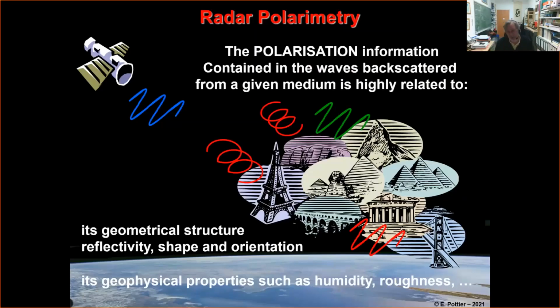And we have shown that for example, for a man-made target, it's possible to reconstruct the geometrical structure of the target, the reflectivity of the target, the shape of the target, and most important, the orientation of the target. And for natural environment, today we have a lot of studies which show that it's possible to reconstruct the geophysical properties of this natural environment, like roughness, like soil moisture, like biomass, etc. So this is why this change of polarization means something. Okay, so the idea is to measure this change of polarization.